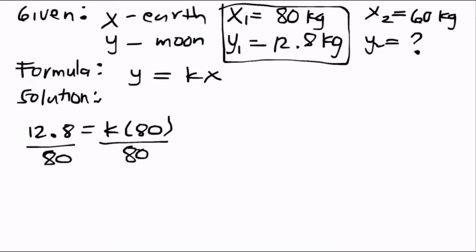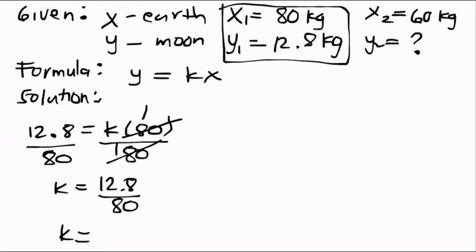Therefore, 80 divided by 80 will be just 1, and we have k is equivalent to 12.8 divided by 80. Here we can simply convert it into decimal so that we can better visualize the correct answer. So k is equivalent to, please use your calculator there, 12.8 divided by 80.